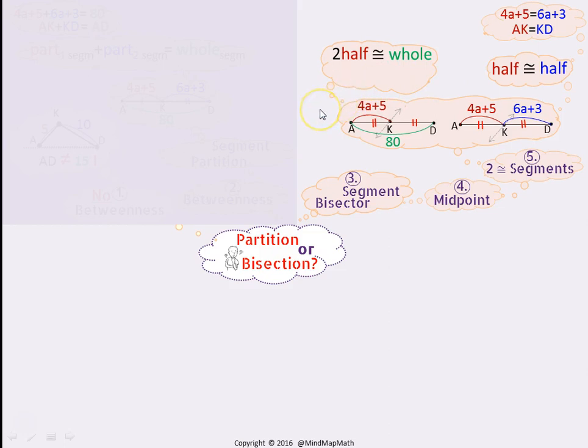So let's continue. For a half, we will be able to substitute AK, so double AK will equal the whole, that's our AD, and therefore we can write the same fact in words and symbols and algebraically, and simply solve it for a, do the substitution for AK, and find its numerical value.